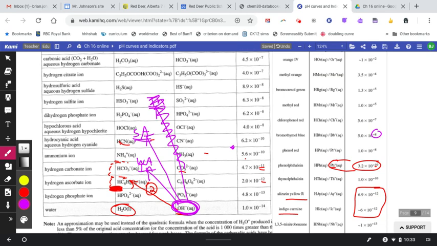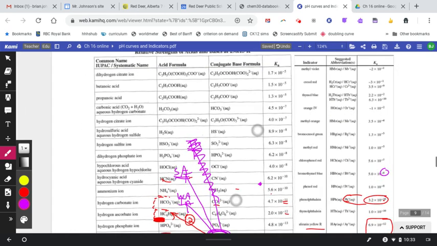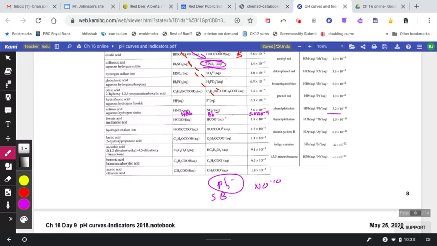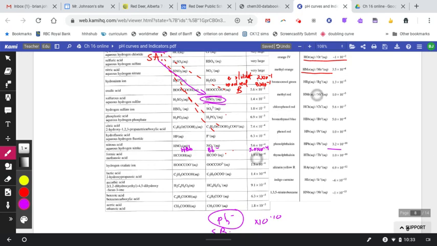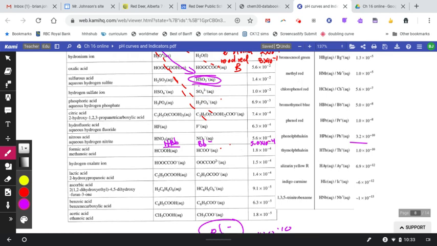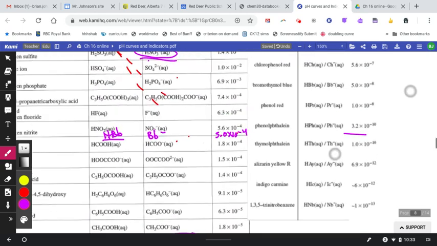So let's go searching. Bromothymol blue. I've written it in. It's way up here. Bromothymol blue, it's right there to the -4. Okay, so there it is as an acid. Did I do that one right? I don't think I got the number right. Bromothymol blue.